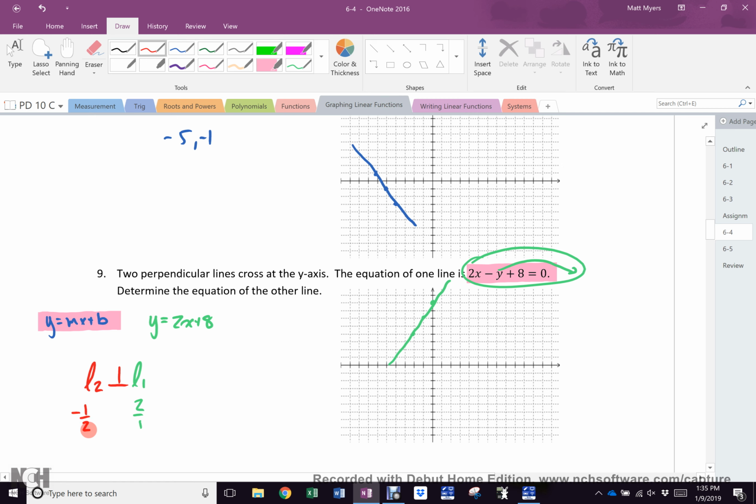Negative 1 over 2. And we know they cross at the y-axis, which means line 2 must cross right there, correct? Which means line 2 has what for a y-intercept? 8. So there's my y-intercept. I know my slope. I know my y-intercept. So what is the equation of line 2?